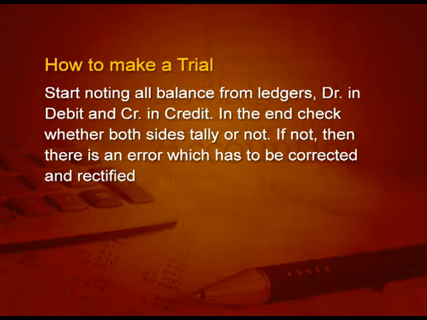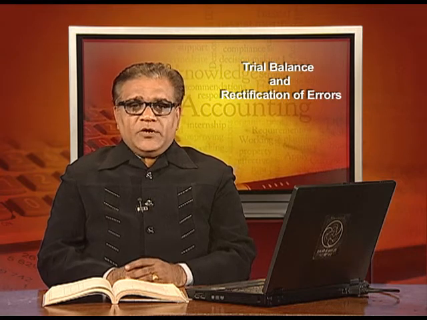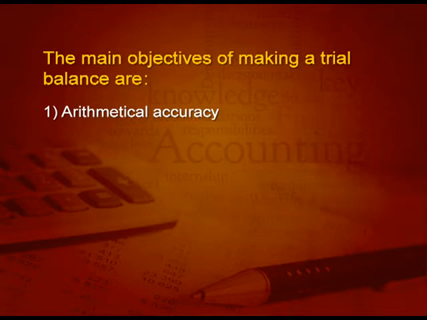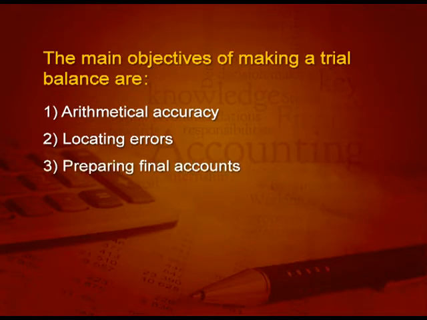If not, then there is an error which has to be corrected or rectified. So we can say the main objectives of making a trial balance are: first, see the arithmetical accuracy; second, locating the errors; and the last one, preparing the final accounts.